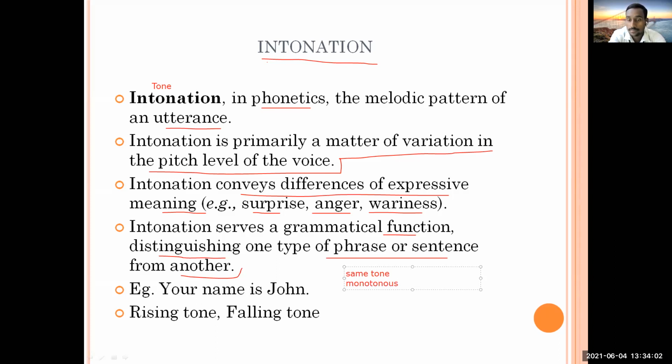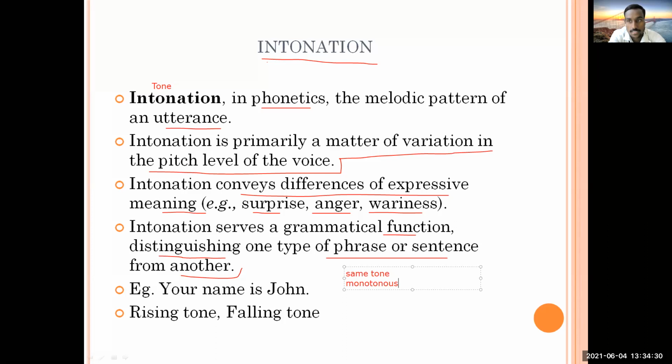What is monotonous? Perhaps you might have felt this, because most of the time you people are in the listener's role. Not all people realize that they have to use intonation in their speech. Generally they use only one tone, and that creates monotony. What is the meaning of monotonous?